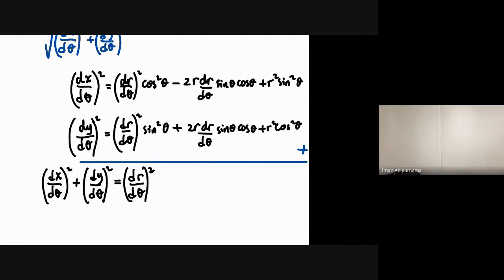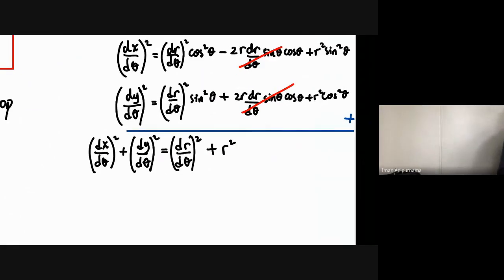These two will be cancelled. And this one will be only r squared, right? Sine squared plus cos squared is 1. So plus r squared. So this is the arc length.